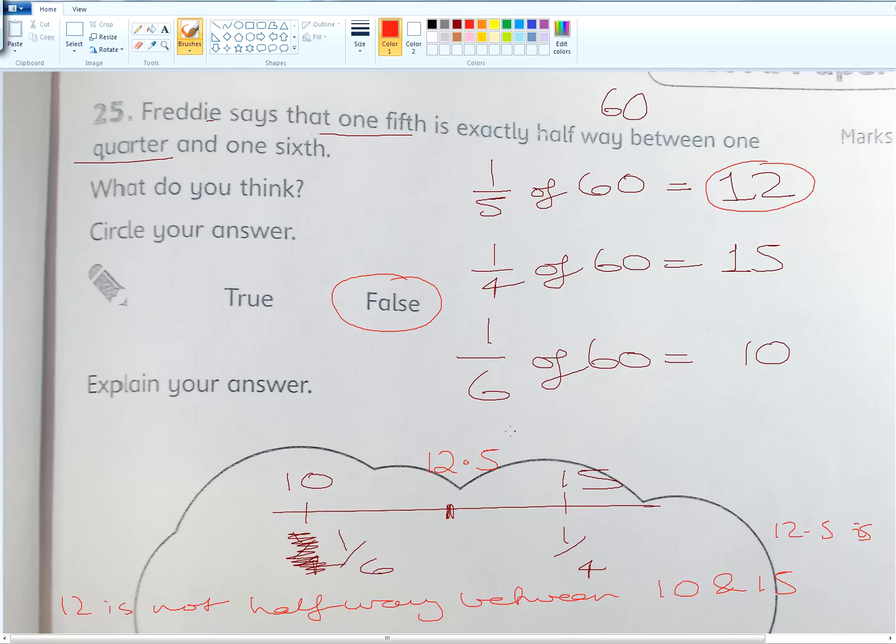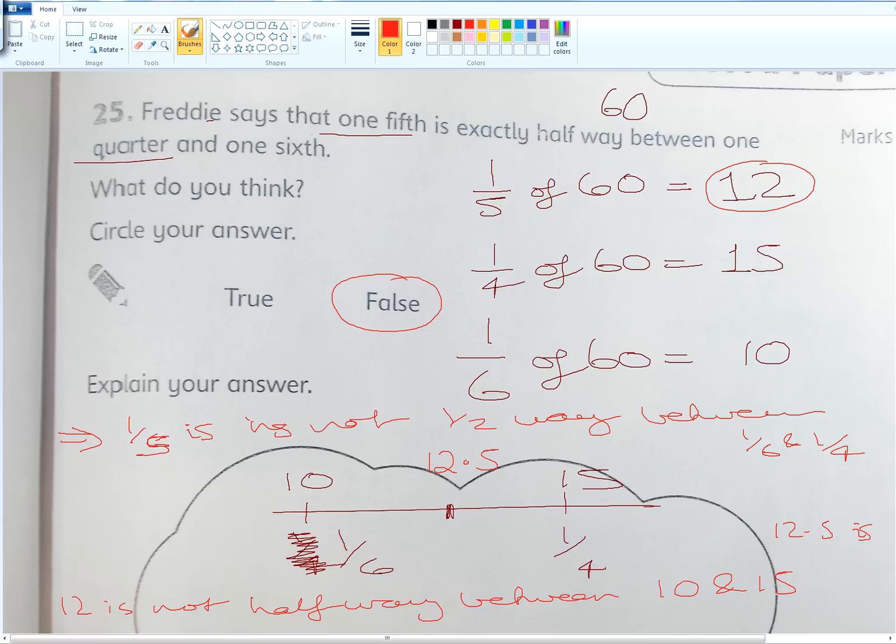Therefore, let me get another line. Therefore, 1/5 is not halfway between 1/6 and 1/4. Lovely. Done. Next question. Any more?